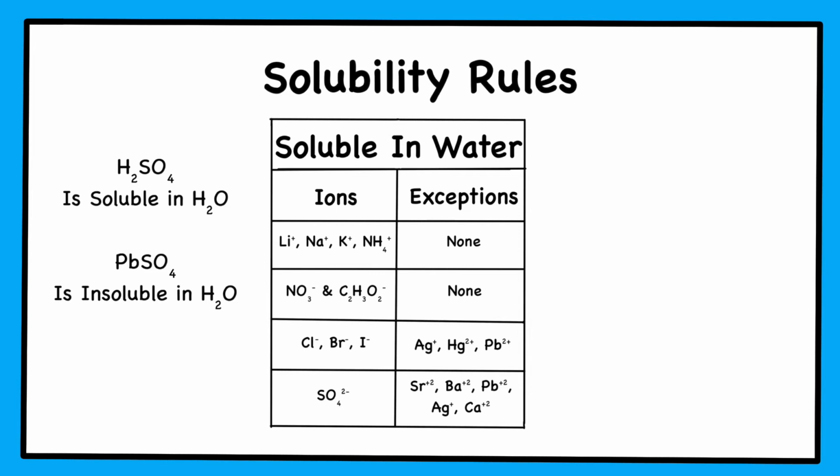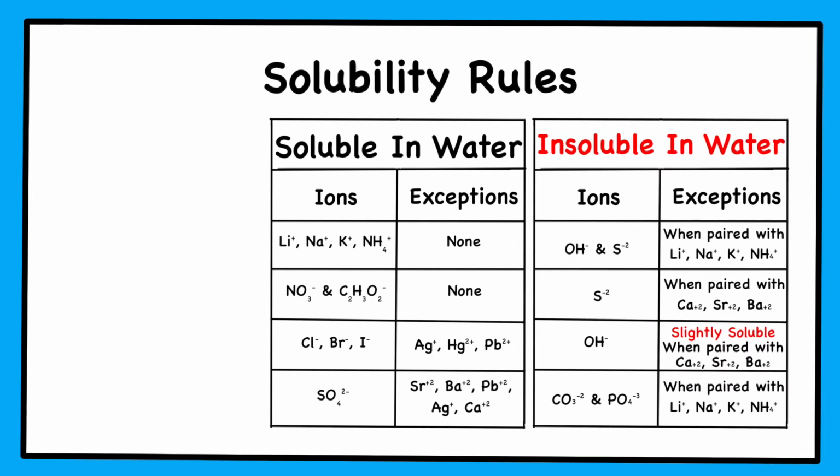Our next set of ions are ions that generally are insoluble in water. Our first set of anions we're going to look at are the hydroxide anions and our sulfur 2- anions. Generally, anything paired with these substances is not soluble in water, except if the following conditions are met. If either of these ions are paired with lithium, sodium, potassium, or ammonium cations, then they're going to be fully soluble in water.